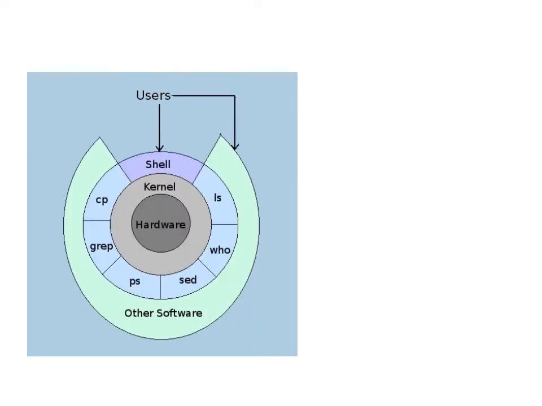The picture that you can see on the screen is the layer design of the operating system. It comprises 4 layers, that is the hardware, kernel, shell and the layer that has the other software. Coming to the innermost layer, the smallest circle in the diagram is the machine's hardware.